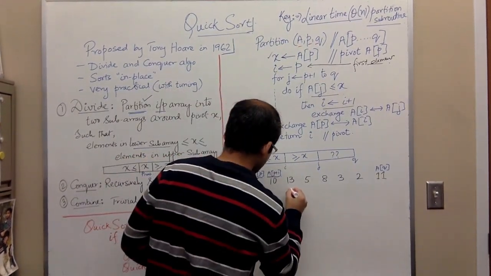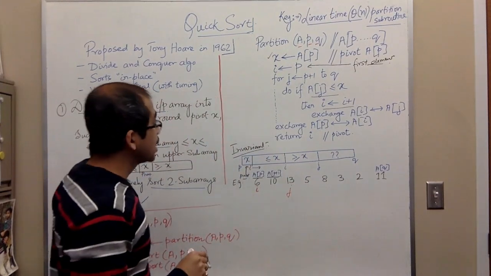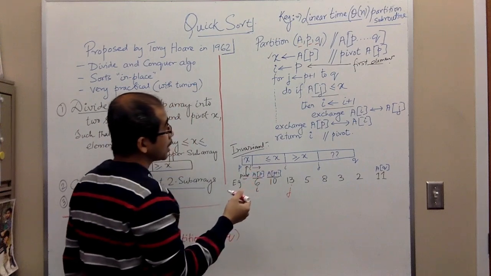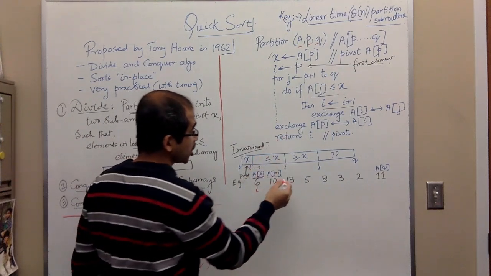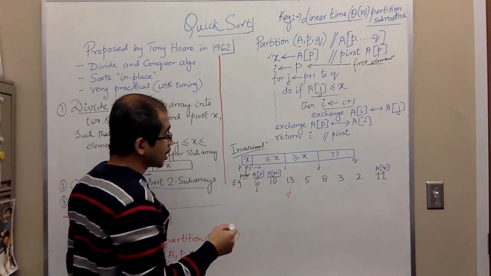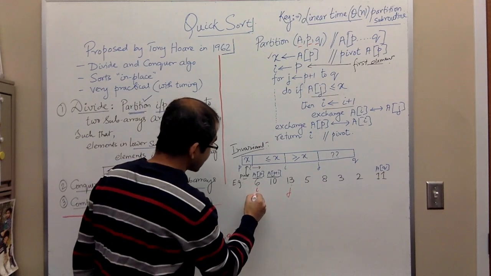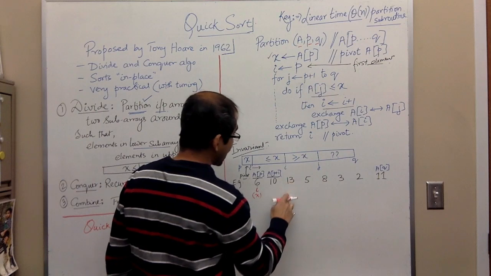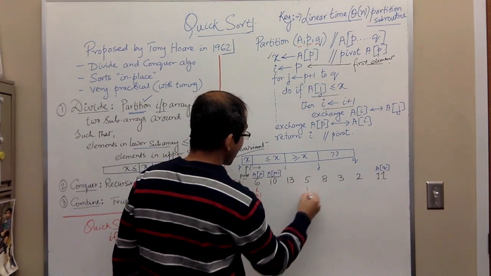Now we again check, is aj less than or equal to x? aj is 13 and x is 6. No, it's not. So j is again incremented.